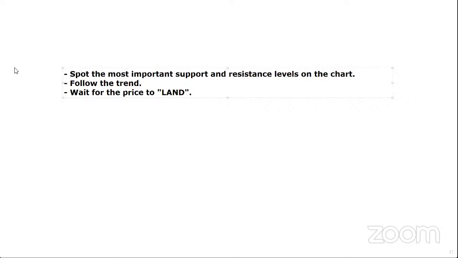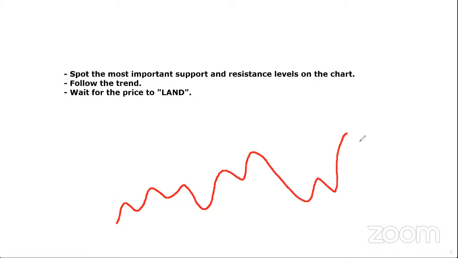So what I'm gonna do, here is the price action. The market is moving ups and downs like this. Okay, I'm gonna spot support and resistance levels on the chart.